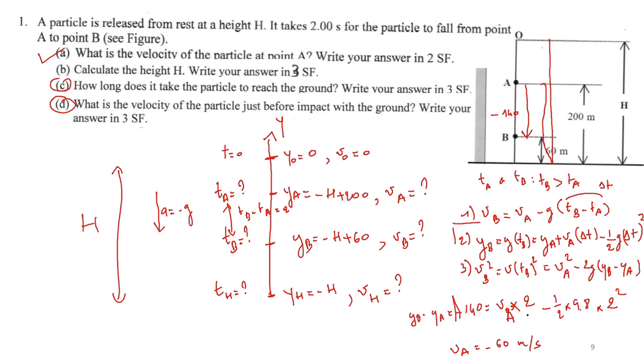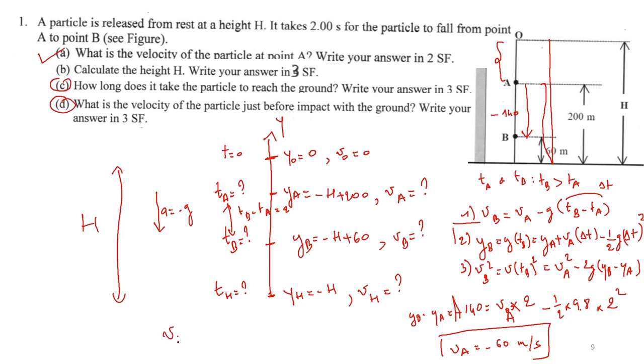Okay. Now the second question is calculate the height H. Now, since I get VA now, I can use that information, right? In the first question, the difficulty was I did not give you this height. But now let me see which equation I can use.